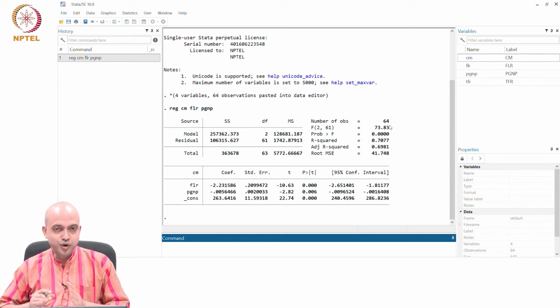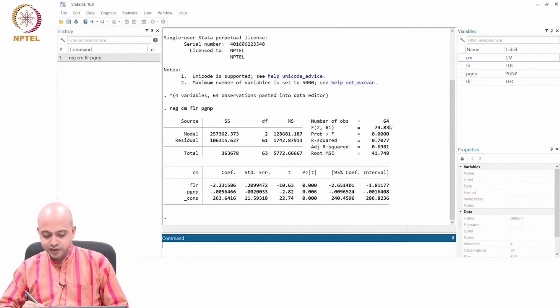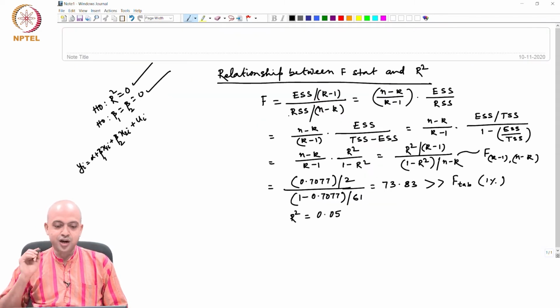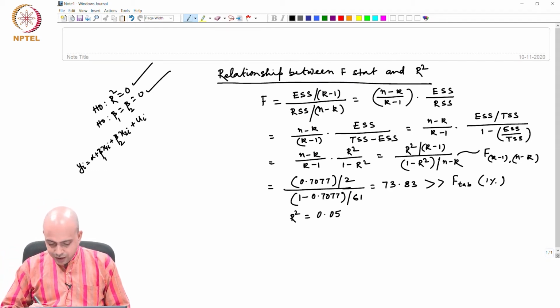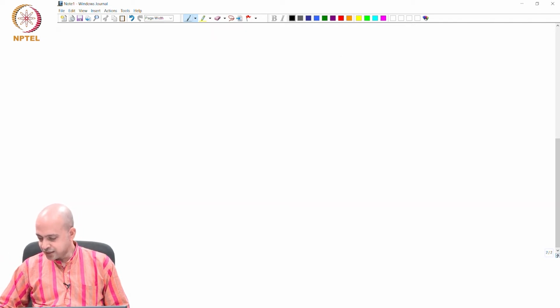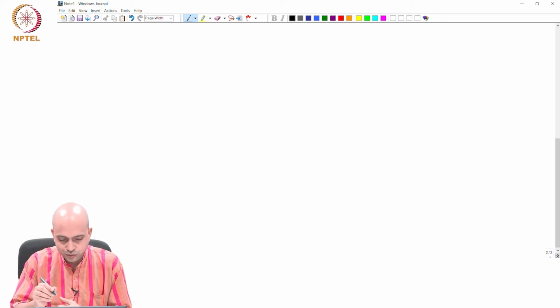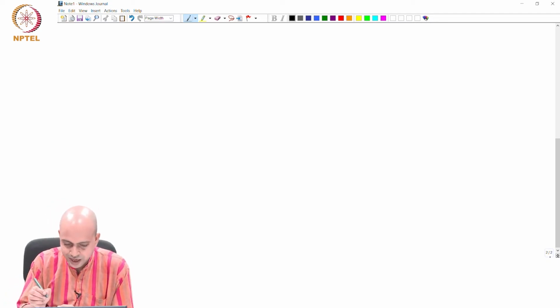So, that is what you can do by deriving the relationship between F and R square, which you should keep in mind. Okay. Then another important use of F statistic that we can derive using the F statistic, let us discuss.